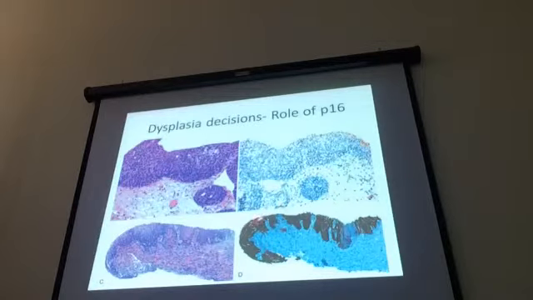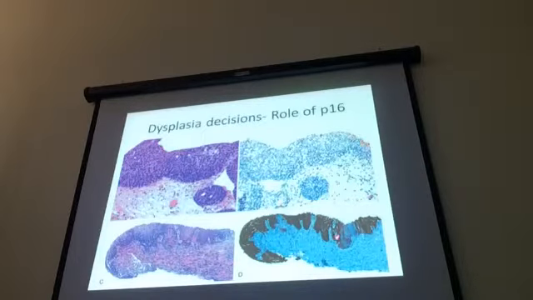But as you can see here, the reactivity with P16 is very different. So this might be a patient who has squamous atrophy or a reactive appearance, metaplasia, whereas this is a patient with obvious dysplasia. HPV is incorporated, and the P16 molecule is amplified, and it's diffuse positive staining.